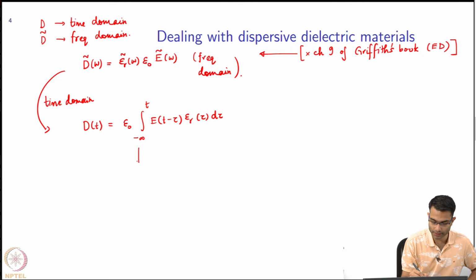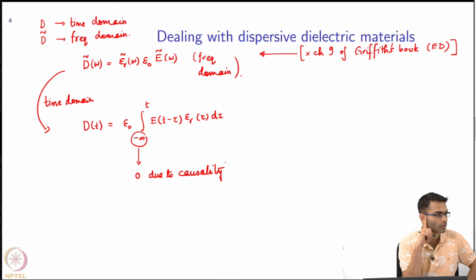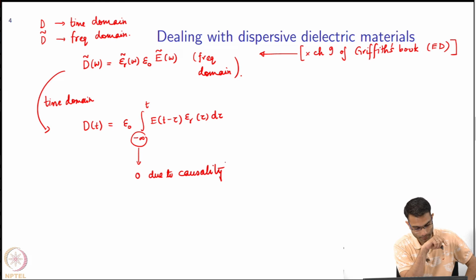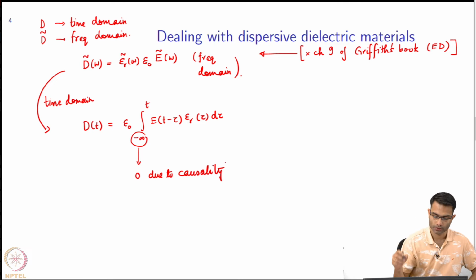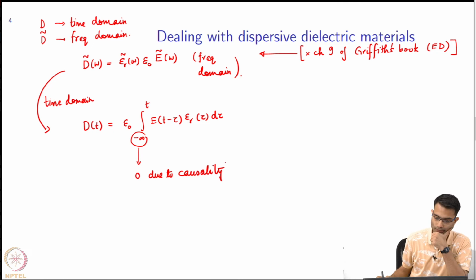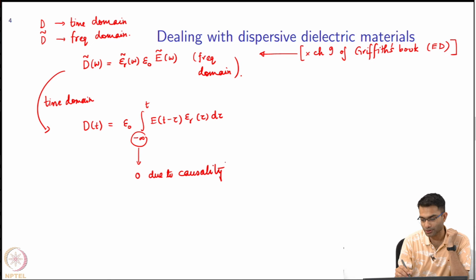So due to causality, this will become 0. And for the same reason, we are going to limit our upper limit to t, right? Otherwise, E at future time instants will also come over here, right? So this is the true picture.